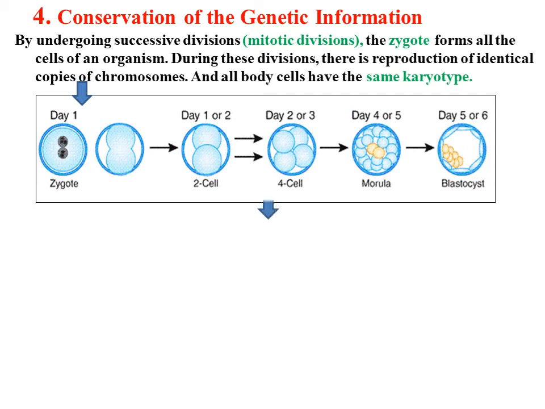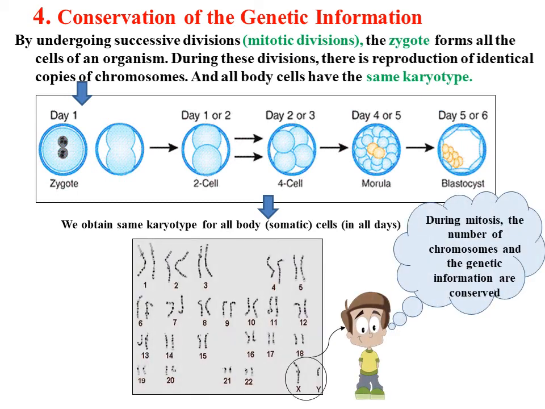In this case, during these divisions, there is reproduction of identical copies of a chromosome. In other words, we obtain the same karyotype for all body somatic cells on all days. All body cells have the same karyotype.